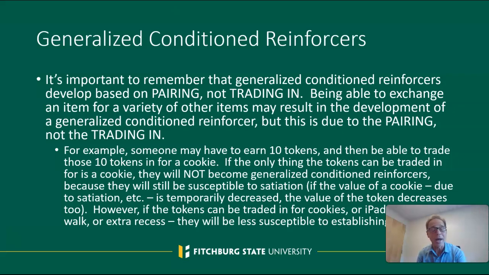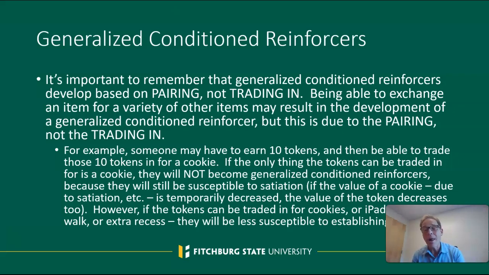Because if the value of a cookie due to satiation is temporarily decreased, the value of the token decreases too. So here we see it's not a situation of trading in. The tokens are being traded in for a cookie, but because they're only being traded in for a cookie, the pairing is only tokens with cookies. So they're very susceptible to motivating operations. However, if those tokens can be traded in for cookies or for iPad time or for a walk or for extra recess, now we've got a generalized conditioned reinforcer, okay? And those tokens will be less susceptible to the effects of motivating operations, right?